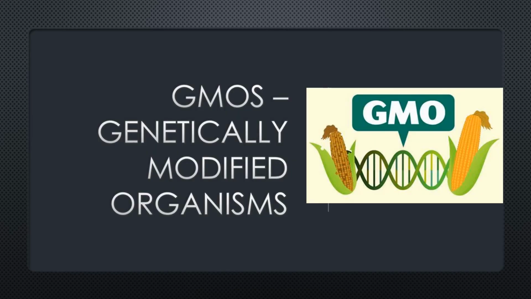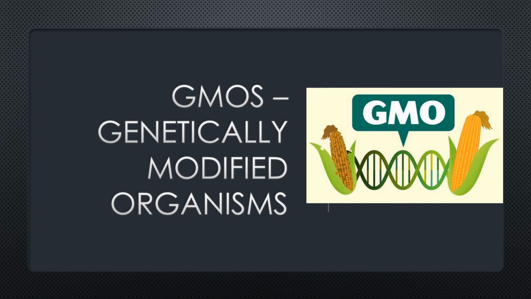Okay, let's talk about GMOs, genetically modified organisms. I mentioned that we have been genetically altering agricultural products for a very long time. Oftentimes when people say GMOs, they don't just mean genetically modified.